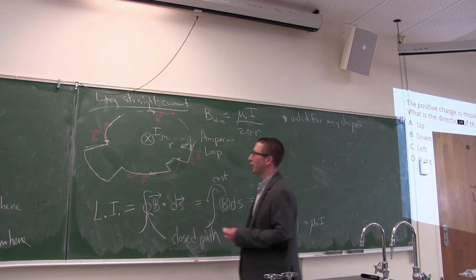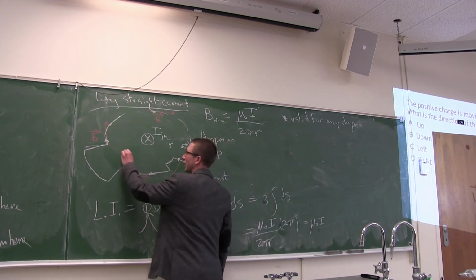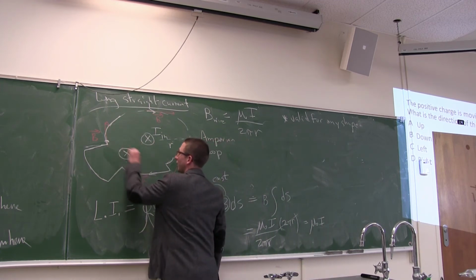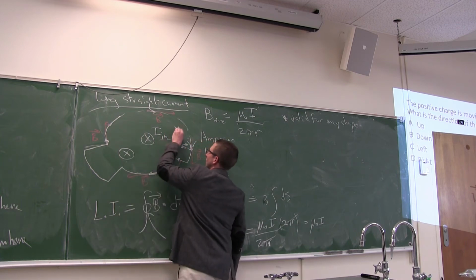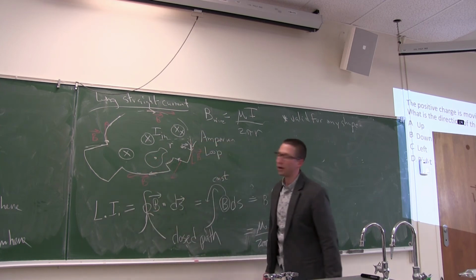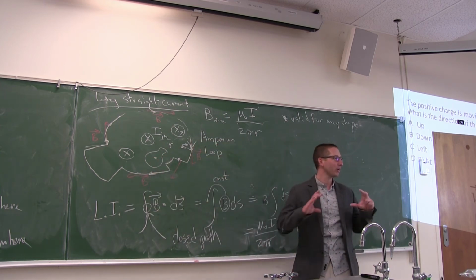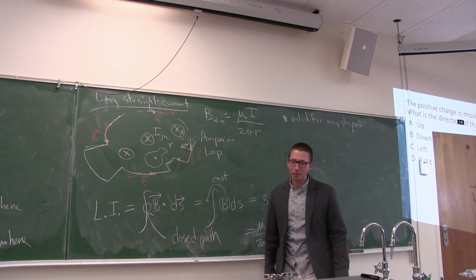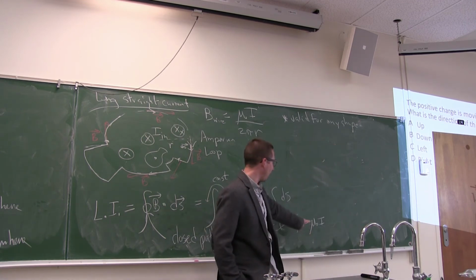So I could say, all right, well, my current is actually complicated. There's one here, and there's two over here, right? And then there's a big chunk of current this way flowing out of the board. I can have a bunch of different currents inside that loop. So it's going to be true. You're always going to get mu naught I.